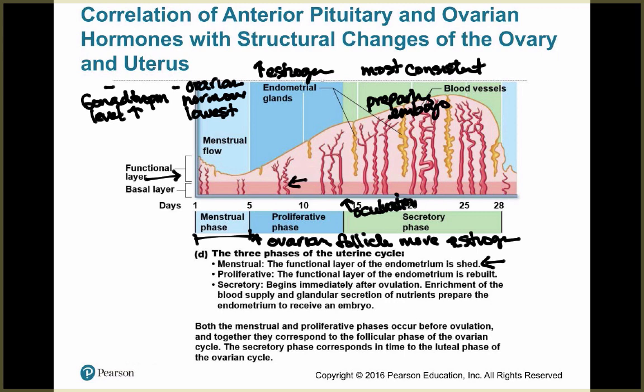And so during this phase, you're going to see rising progesterone levels from the corpus luteum. And that makes this functional layer here kind of start becoming a secretory mucosa. And it's going to start allowing these glands to become bigger and secrete nutrients.